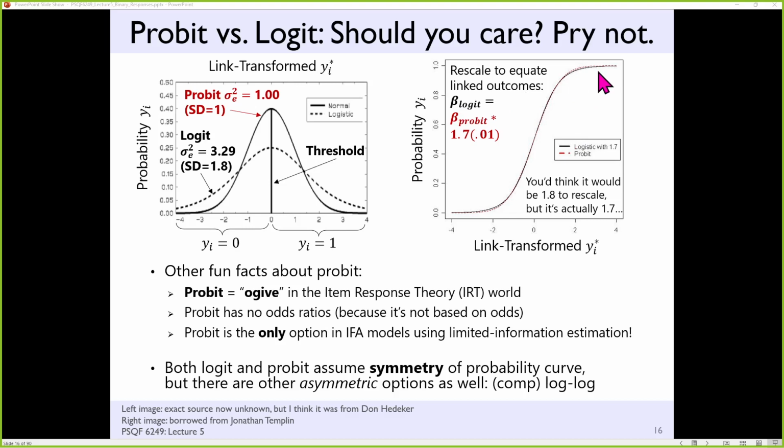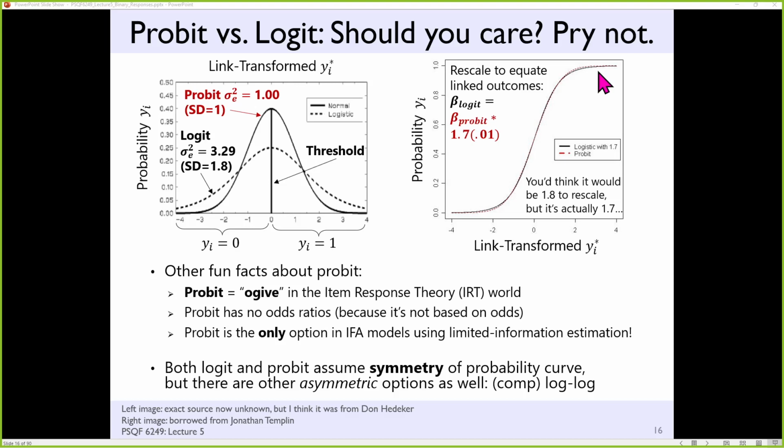Probit came first. Probit is harder because there's no easy formula. Remember how to get out of logits back to probability? E to the model over 1 plus e to the model. There's none of that in probit. In probit, you'd have to integrate to figure out what the probability is that corresponds to that area.